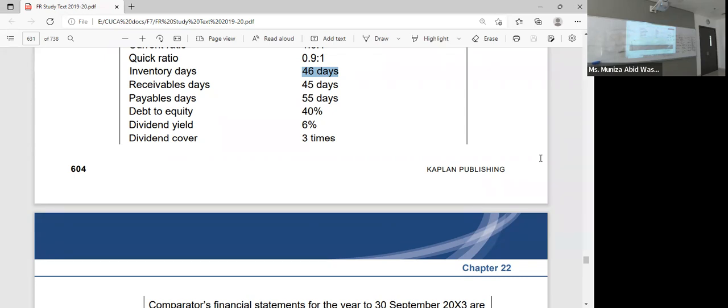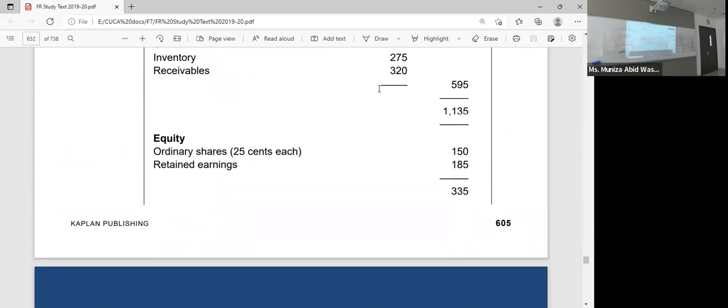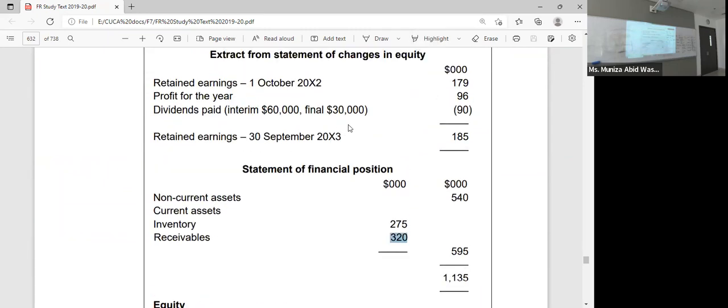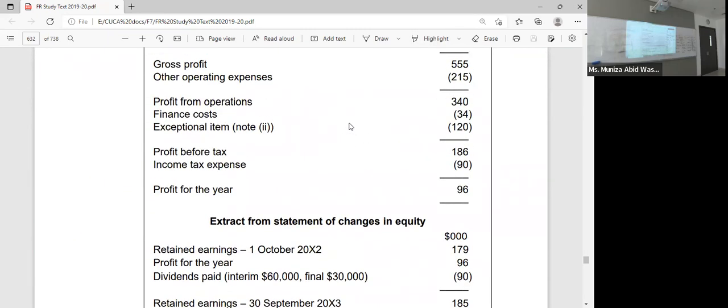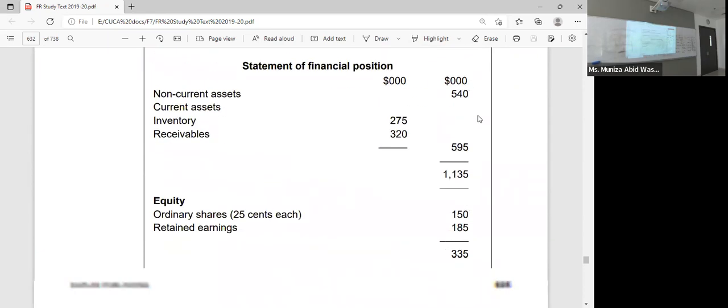Then the receivable days. The next ratio is receivable days. How many receivables are there? 320 divided by revenue. You have to use the credit sales. Since credit sales are not given, you have to use this whole amount, 2,425.